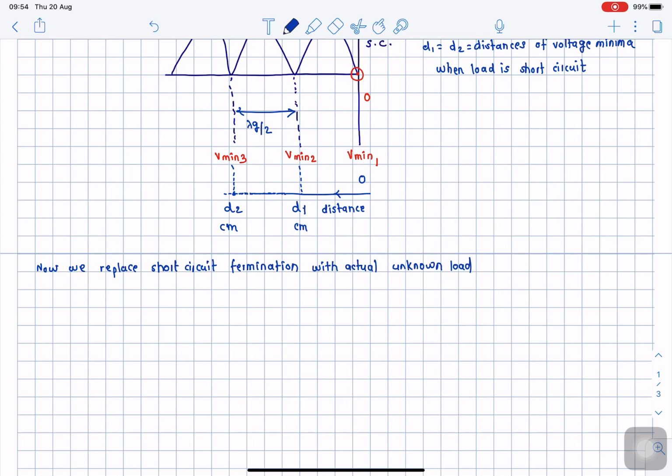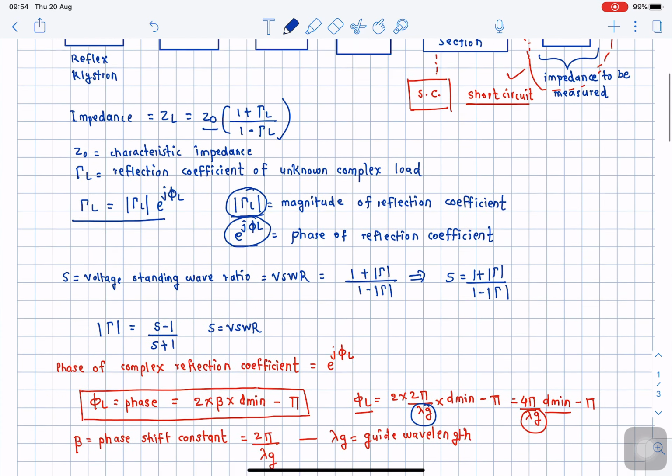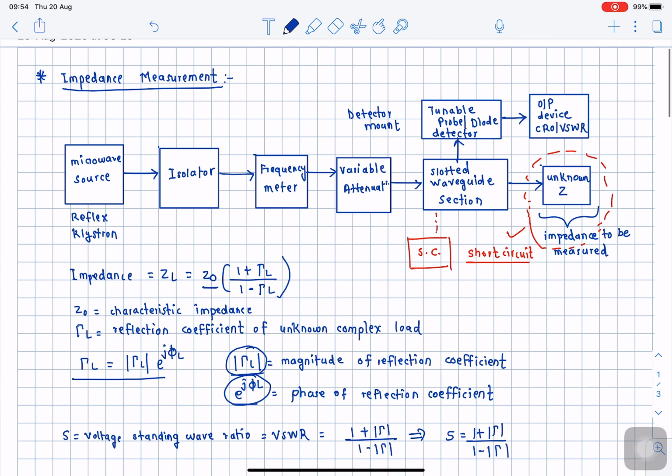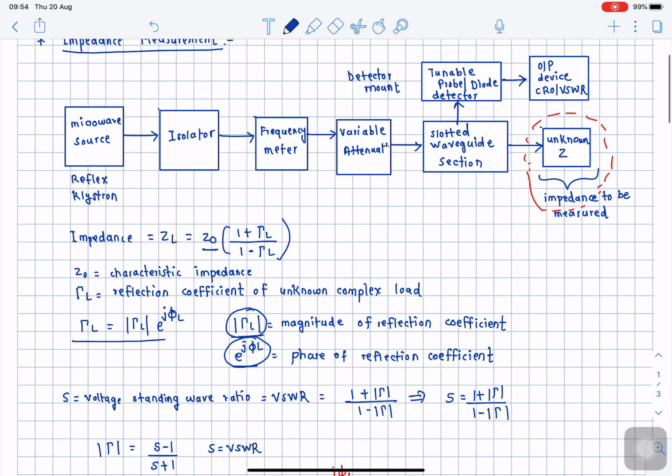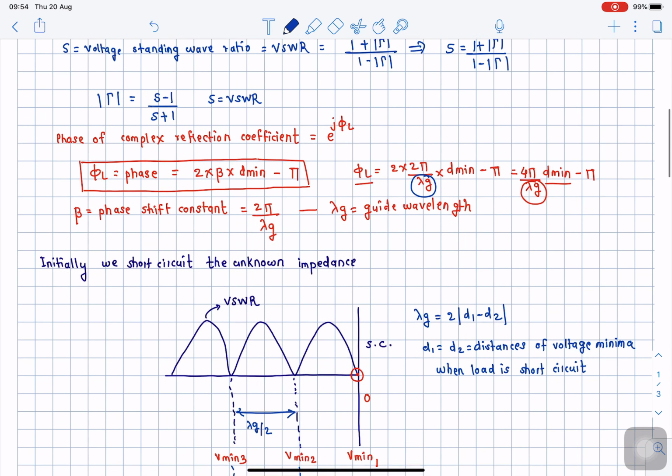So what we do is I will now remove this short circuit, and I will replace it with the unknown impedance. Now when I do that, again I want to measure the distance of the first voltage minimum.